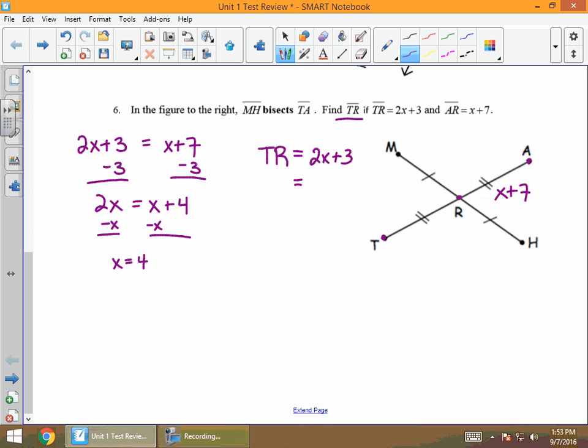If x equals 4, I'll substitute in 2 times 4 plus 3. Now 2 times 4 is 8, plus 3 is 11. And this is a distance. I don't know what it's measured in, so I'll just call it units. It is 11 units long.